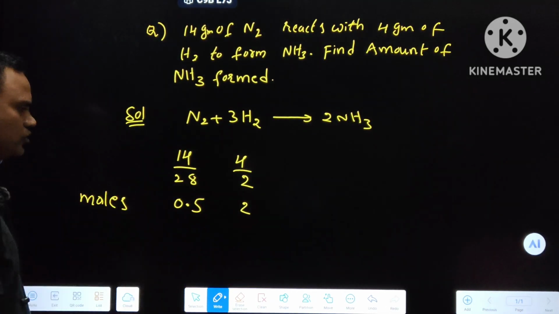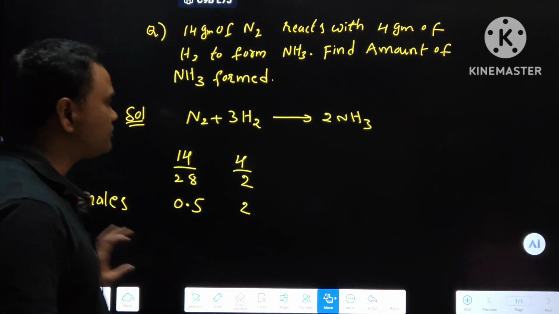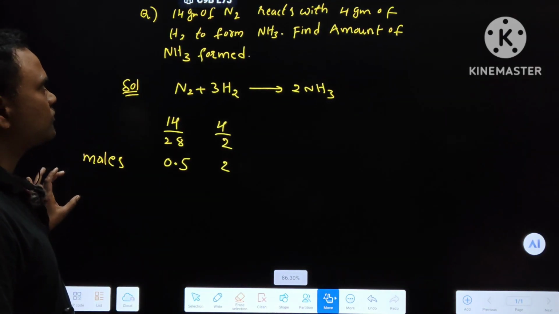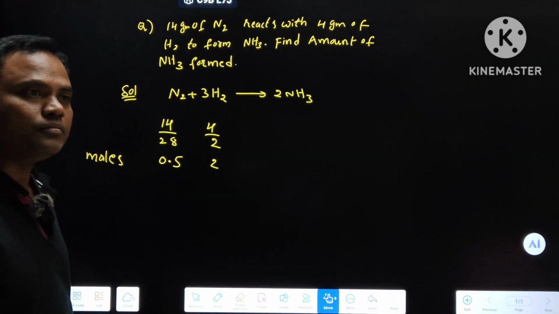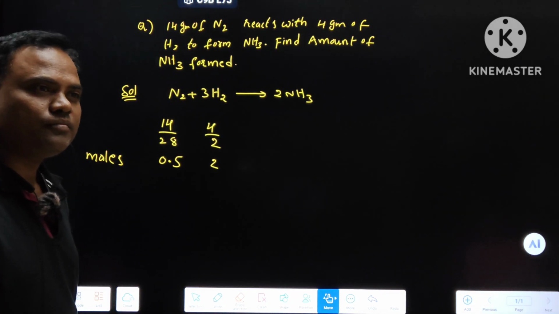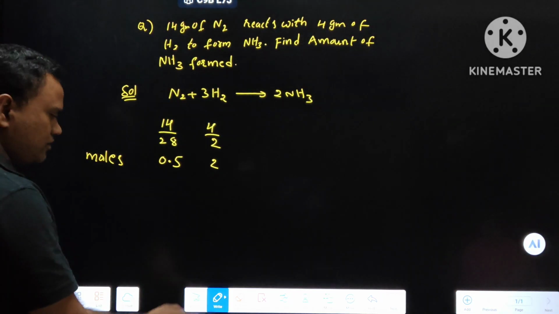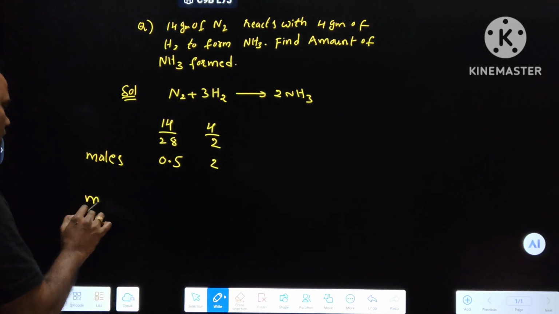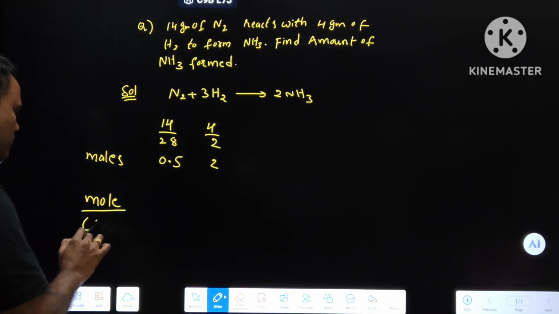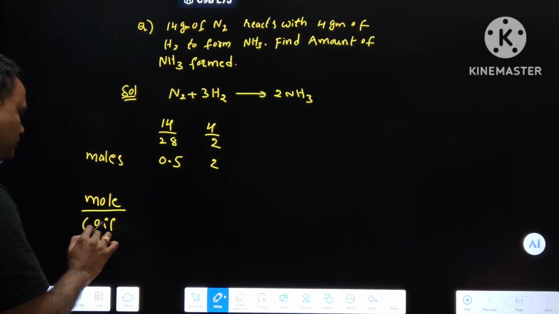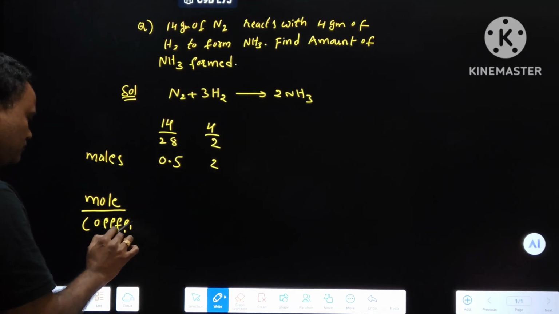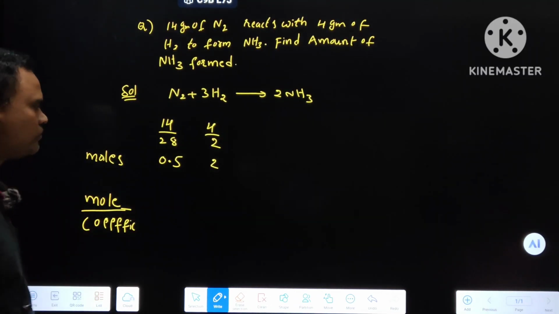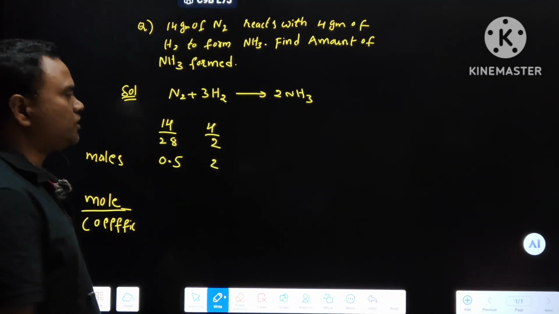Moles were identified. What is the next step, Juhi? Mole by coefficient. Division. Mole divided by coefficient. What is the coefficient for N2?